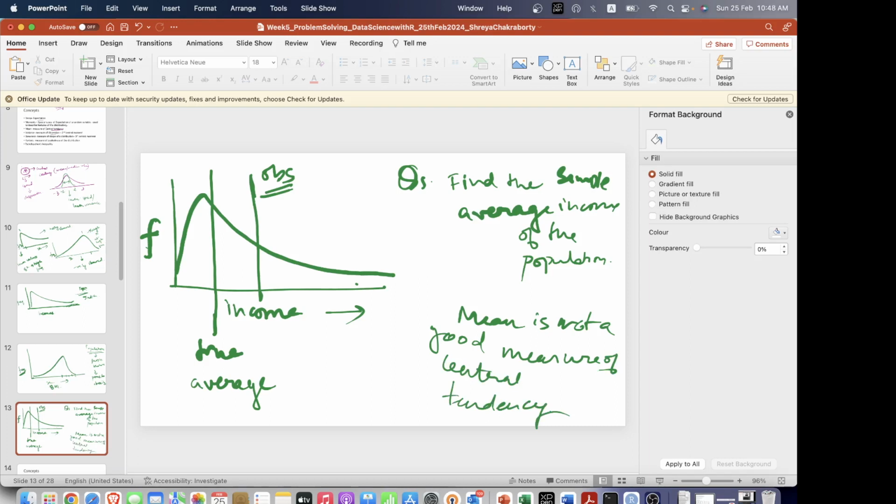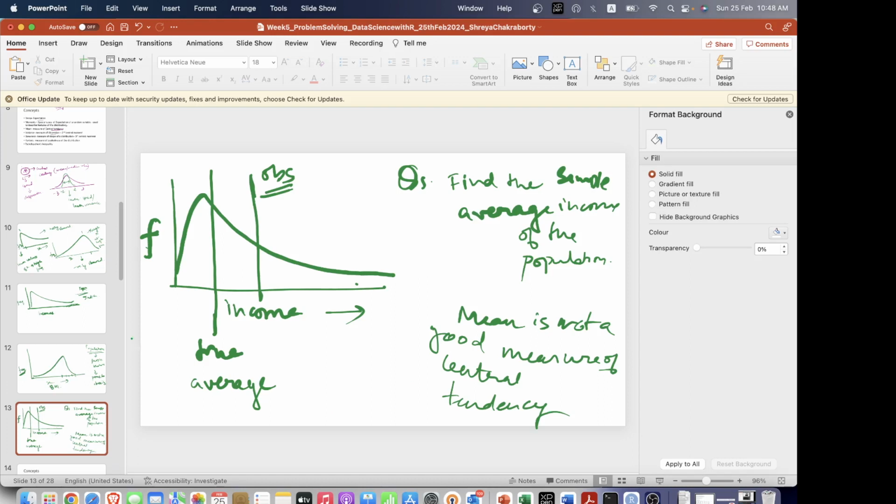Calculating mean is nothing: you just input and give a mean command and you get a result. But when you apply these data sets to real life with a very skewed distribution and report the mean as the measure of central tendency, you would be biased towards the extreme ends. That would not reveal the true picture.